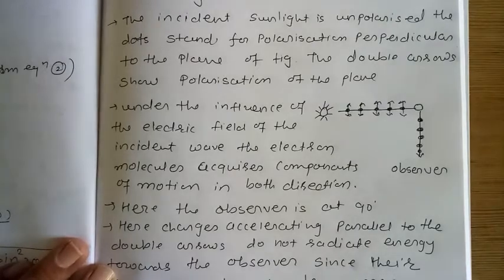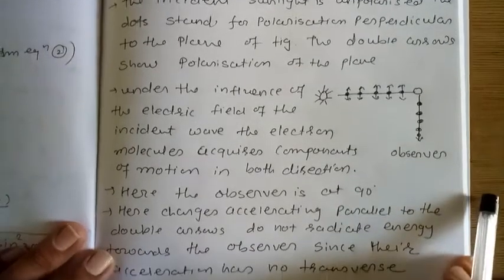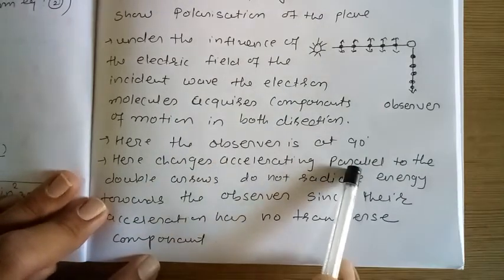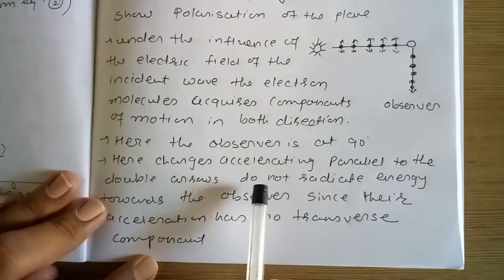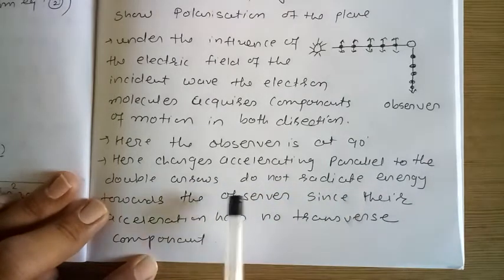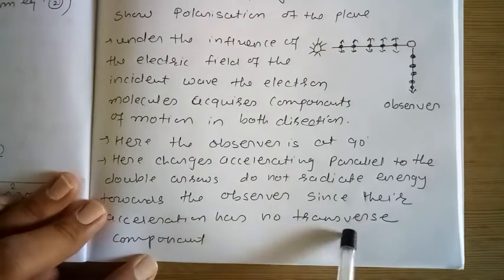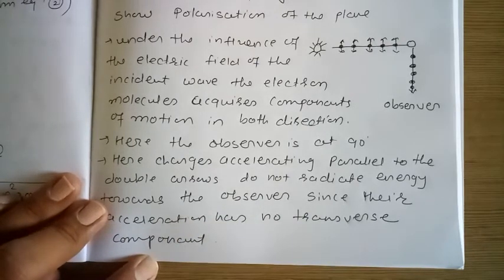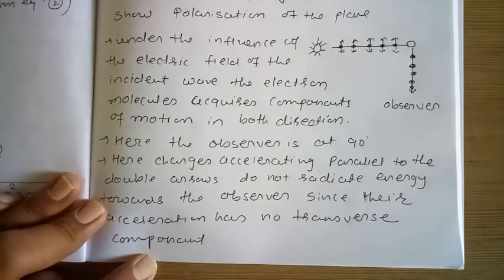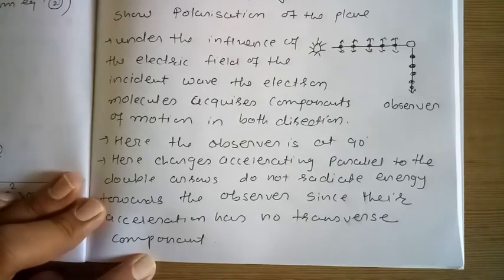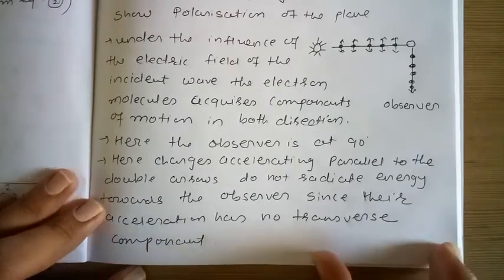Friends, you have to remember this sentence. I repeat once again: charges accelerating parallel to the double arrows do not radiate energy towards the observer, since their acceleration has no transverse component.